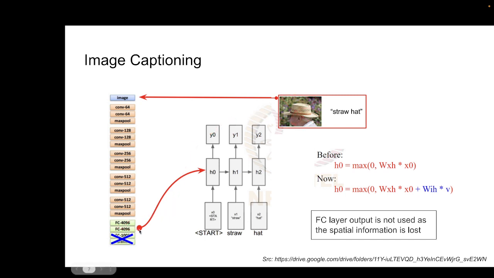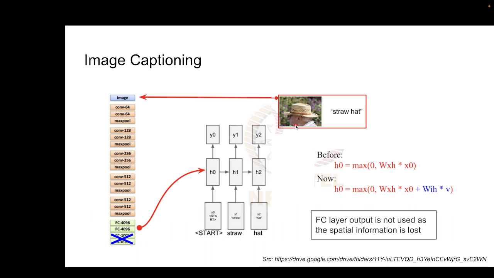So if you had just sent an aggregate, there are so many things going on in this image, right? There is a man, there is a hat, there is a background, etc. So if you had only used this sort of a summarized vector, it would have been very difficult to incorporate all this information into this single vector, and how the hat is on top of the man and so on.